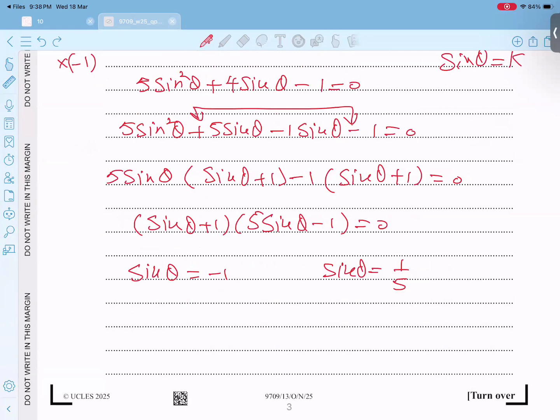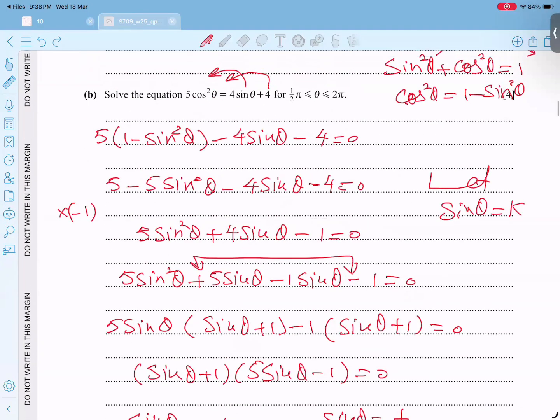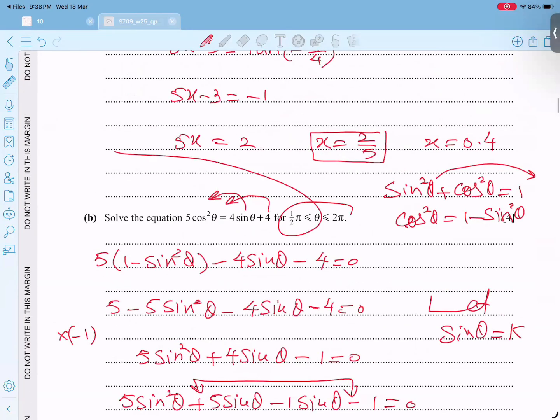So I got two answers, and you know students, this is the interesting part, negative. Where is sine negative? Because this cross will help you to understand. Sine 90 degrees, or sine pi by 2, is always positive 1, and sine 3 pi by 2, I mean below, is negative 1. So we have to check it against the given range.